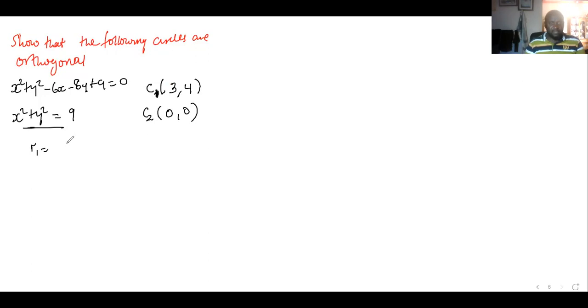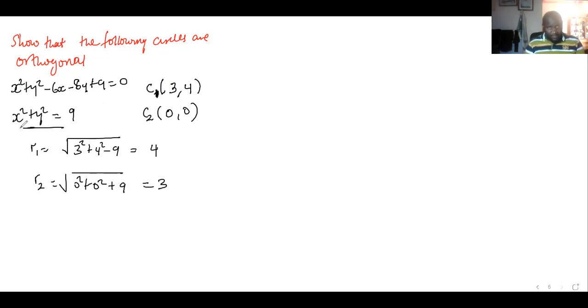Radius R1 is got from the square root of 3 squared plus 4 squared minus 9, which is the square root of 16, which is 4. Radius 2, because the center is (0, 0), you get the square root of 0 squared plus 0 squared minus, oh, now this is a minus 9, so it becomes a plus 9. So the answer is 3.